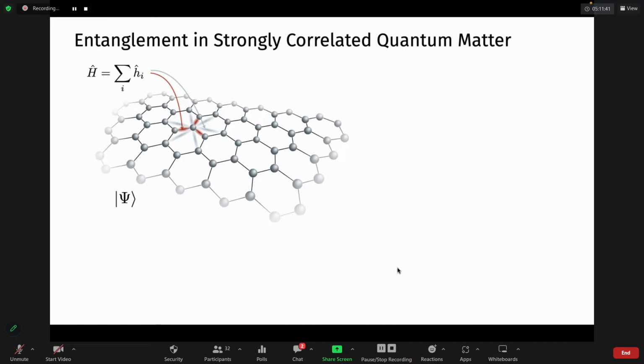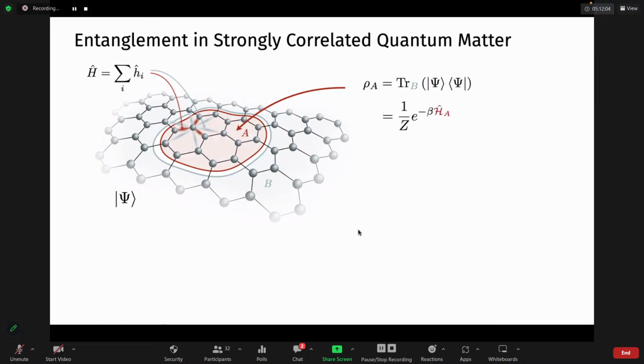Now, if we ask about entanglement in such a pure state, what we usually do is we take a bipartition, we split the lattice into a region A and an environment B, and we look at the reduced density matrix of the subsystem A, simply by tracing out everything that does not belong to A. And it is the mixedness of this reduced density matrix that tells us something about entanglement between A and B.